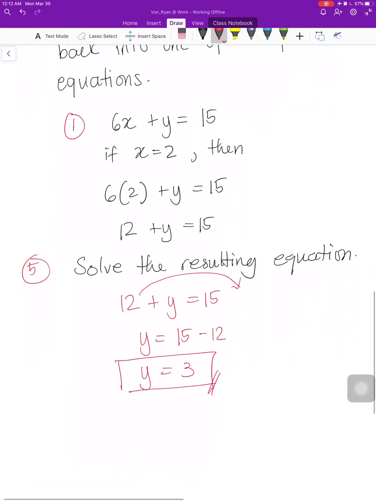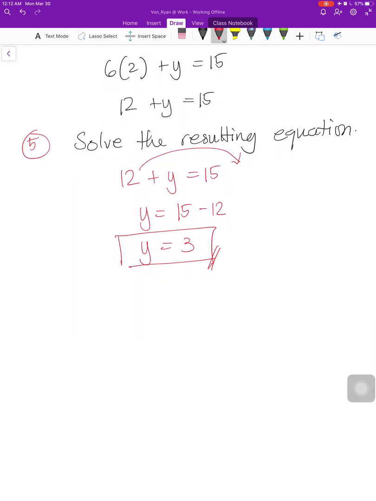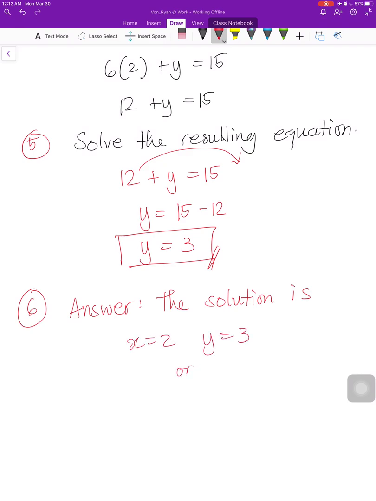And therefore, you can conclude your answer. The solution is x equals 2, y equals 3, or you can write it as an ordered pair, 2 and 3.